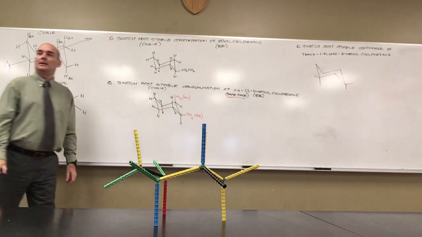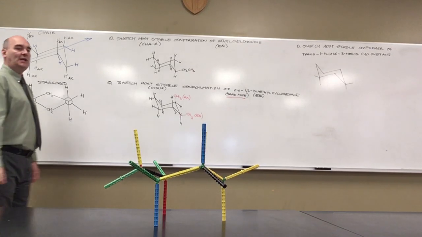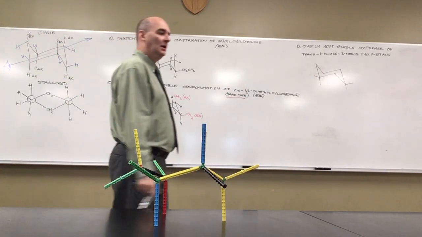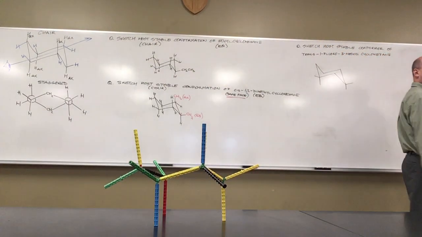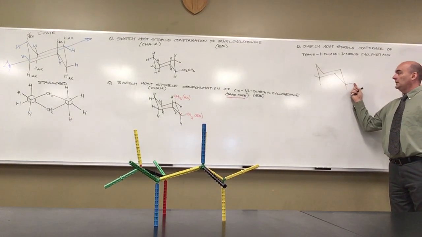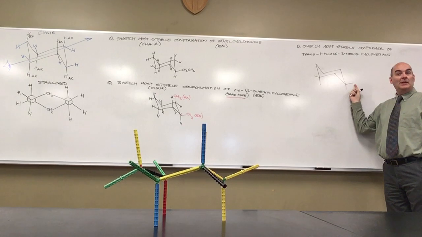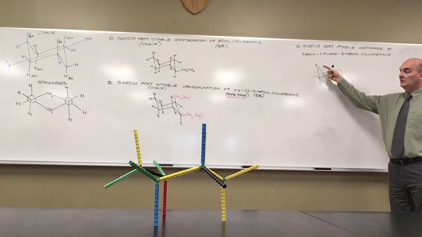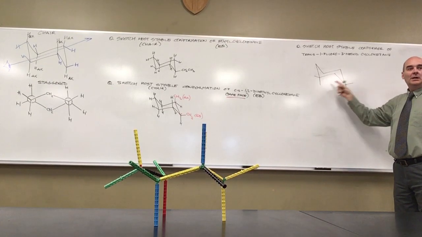Trans means they are on opposing sides, or opposing faces of this hexagon. If that is up, this equatorial position, if this is up, then the other face of it on the 3 position down, equatorial and axial.